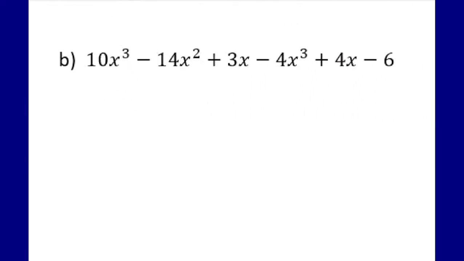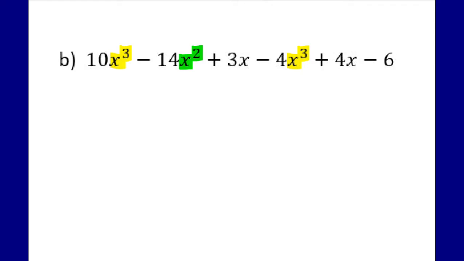Next one, again, a little bit longer because there are more terms, but go through the same steps. Find your like terms. So we found a variable factor that has x and an exponent 3. Go through, find the other ones that have x and an exponent 3. Once you're done, move on to the next variable factor, x and an exponent 2.